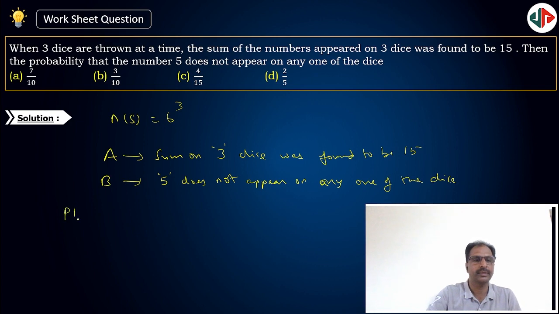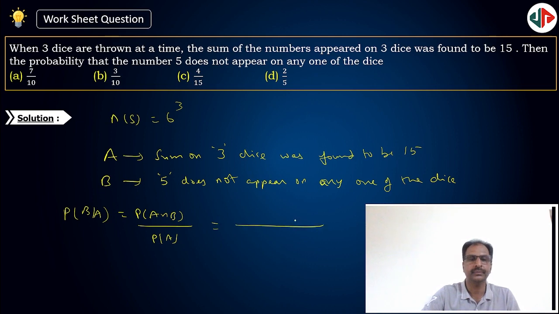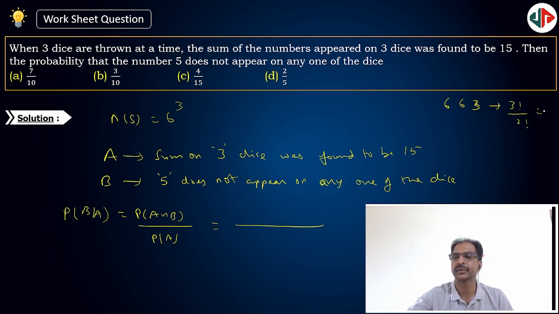Now the required probability is P of B given A, which is P of A intersection B by P of A. What is P of A? Sum on the 3 dice should be 15. For the sum to be 15, I should get 6, 6, 3, which can happen in 3 factorial by 2 factorial ways.